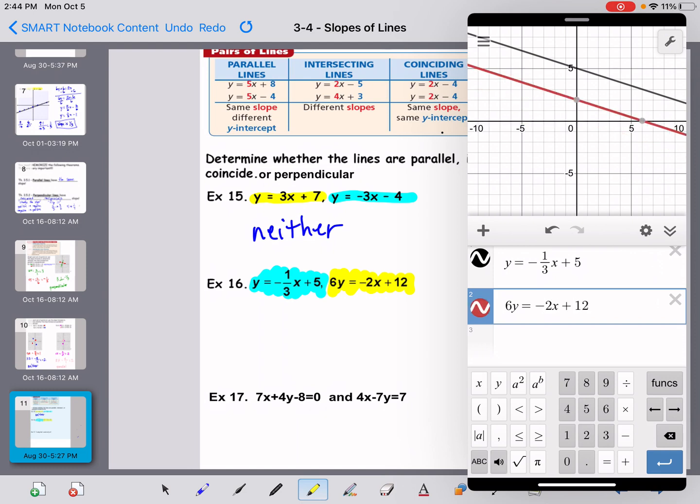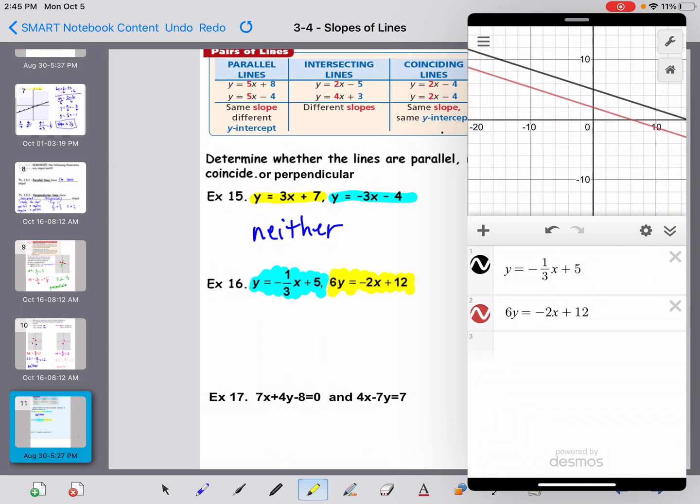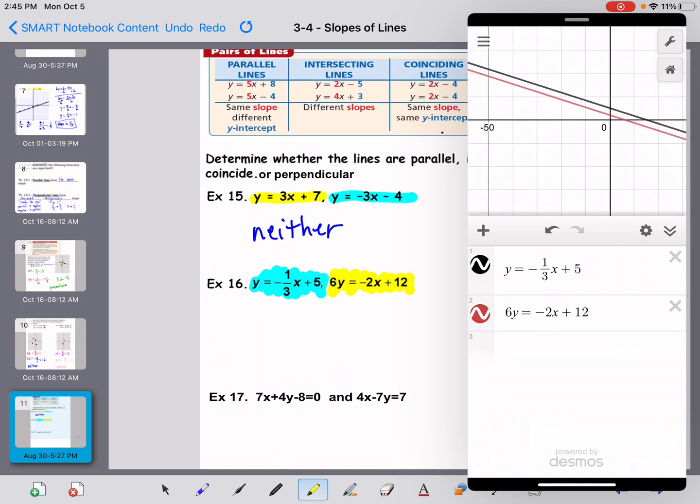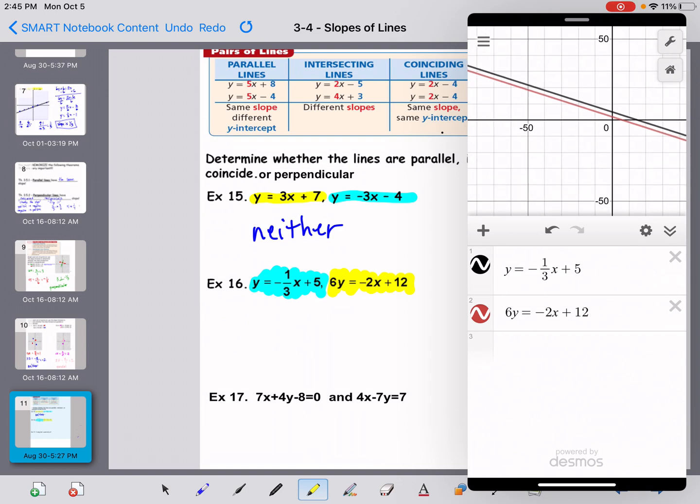I'm double checking my equations. And now look, what does that look like? Well, that looks like I got some parallel lines right there.